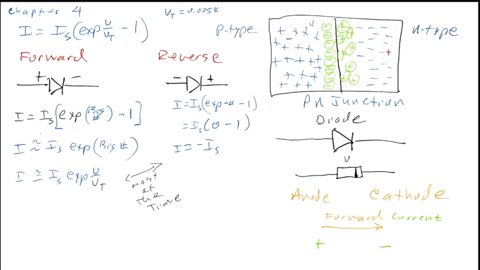So the first model is the ideal diode model. So it's very simple. We've got two cases here. We've got forward and reverse.